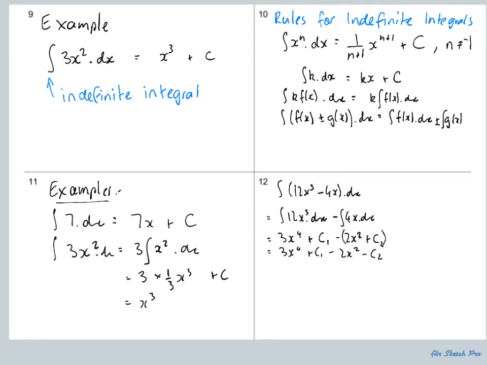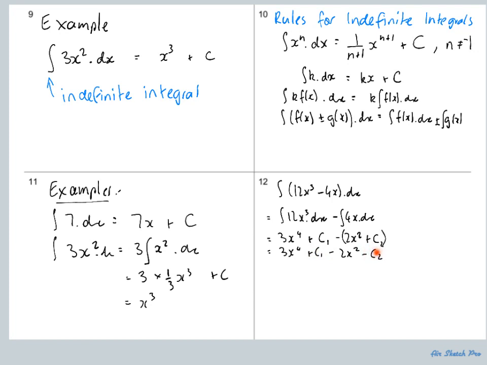Okay, are we right so far? I haven't quite finished this problem yet, but are we right so far? All I've done is say it's the integral of each component. But, and this is a really important point, this c1 and c2 are just stand-ins for any old possible number. So you don't need to have two of those things there.